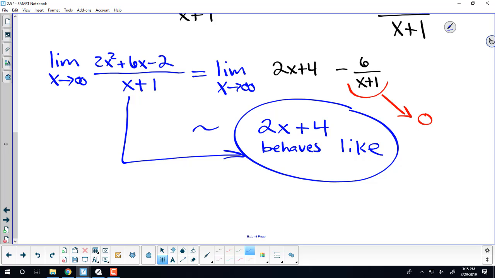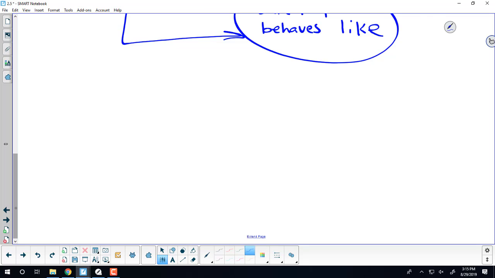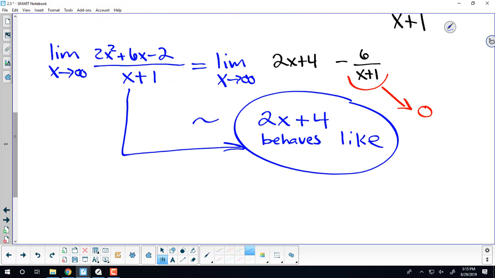What's contributing to the end behavior of the function is that linear piece, the 2x plus 4. So that part right there is all that's really important to this equation. That's how the function behaves at the very ends.